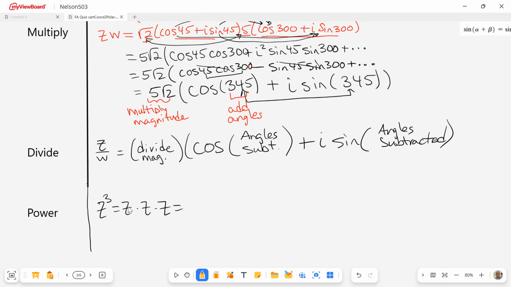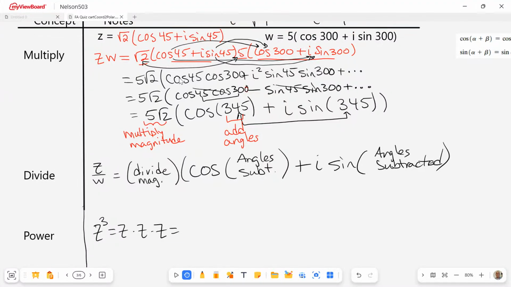So wouldn't I take magnitude times magnitude times magnitude? That's how we were multiplying up here, right? We were taking one magnitude times the other. So just so I'm dealing with the right complex number, I've got to go up there and look at what z was. So z's magnitude is square root of 2. So instead of magnitude times magnitude times magnitude, I'm going to have the square root of 2 cubed, right?